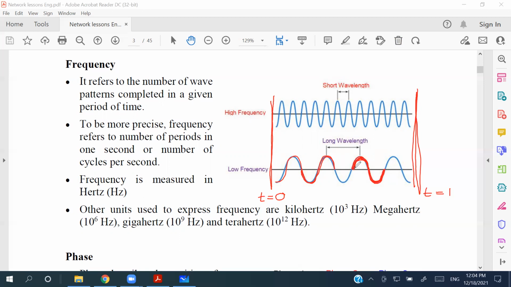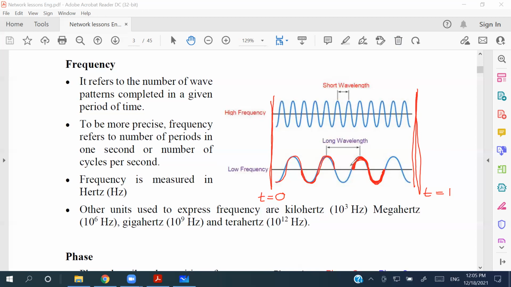The number of these curves defines whether it is a high frequency wave or a low frequency wave. Higher frequency means you can find more curves within 1 second. Low frequency means you can find fewer curves within 1 second.